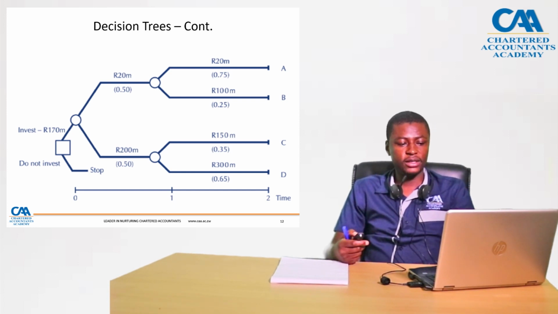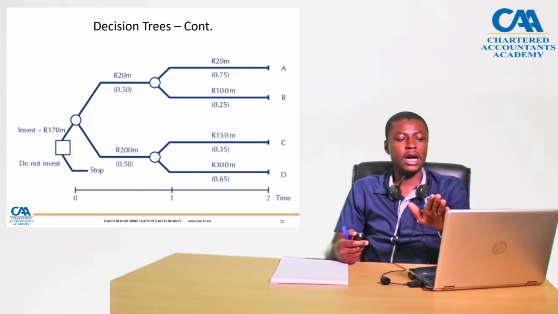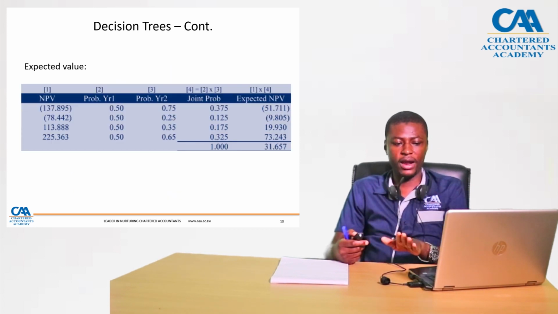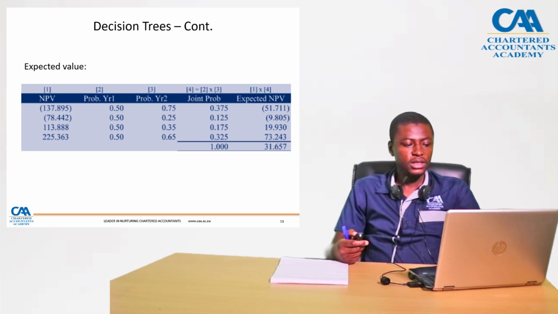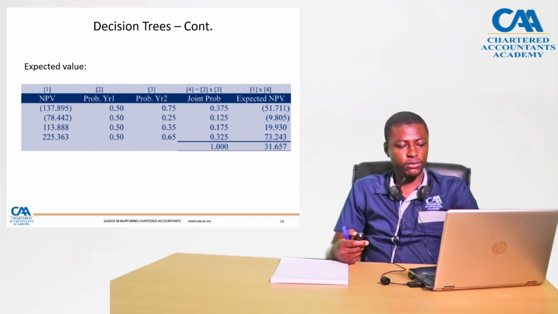Once I've done that, looking at A, B, C, D, I can then calculate the expected NPV. If you follow through path A, our NPV is going to be 137,897. Then B, 78,442, C, 113, D, 225.